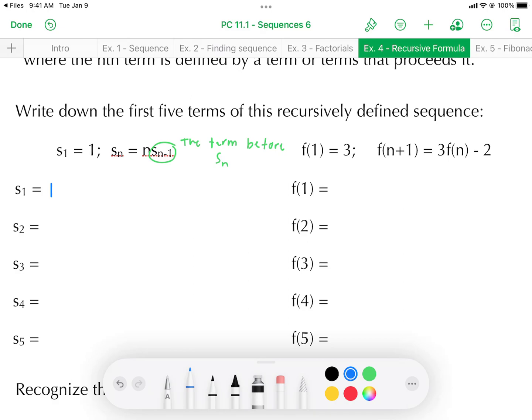All right, so let's find S sub 2. That means n is 2. And then we would be multiplying that by S sub 2 minus 1, which is 2 times S sub 1. And we already know S sub 1's value to be 1. So 2 times 1 is 2.